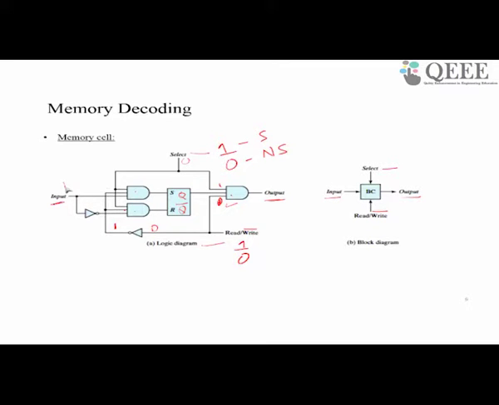So when the input is 1, S will be 1 and R will be 0, and the flip-flop is set, which means it stores the bit 1. On the other hand, when the input is 0, then a 0 will be present in S and a 1 will be present in R, and the flip-flop is reset and a 0 bit is stored in the flip-flop.